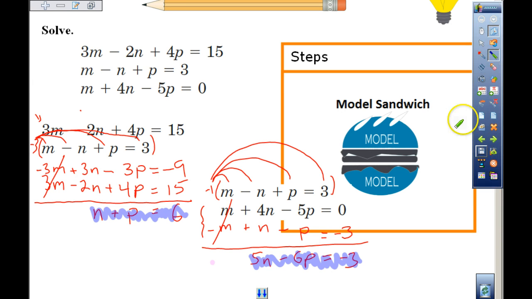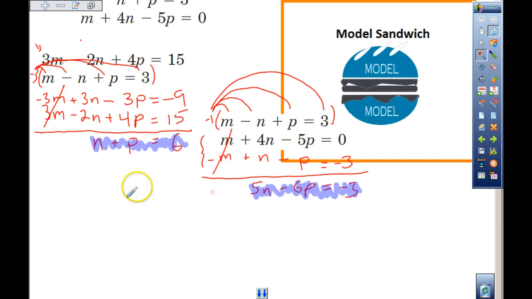All right, and then from there, you have to do a whole problem just like last night, whatever you like to do. So let's cancel out what? I'll multiply this one by 6.